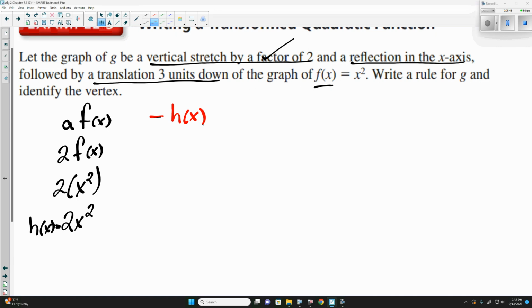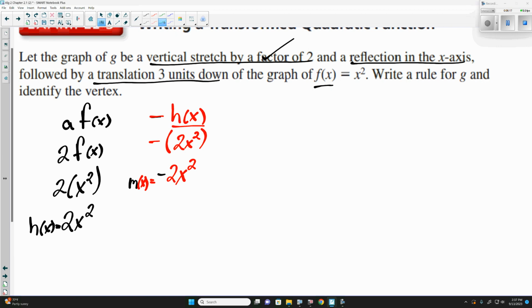Now in this case, just like the previous one, we still have h of x. We didn't apply anything or switch anything with x, so it's just still 2x squared. And if we apply the negative to it, we get what? Yes. And we could call this m of x.